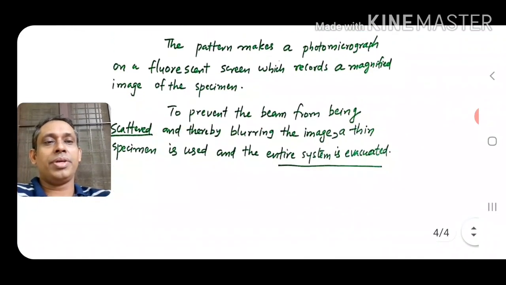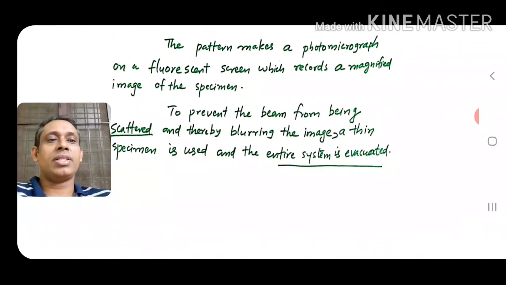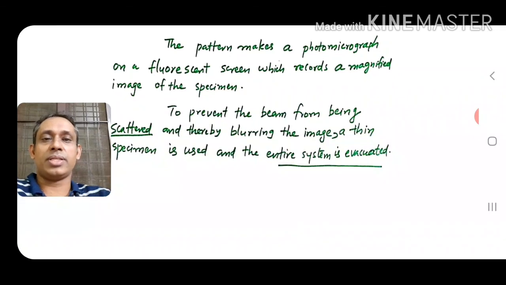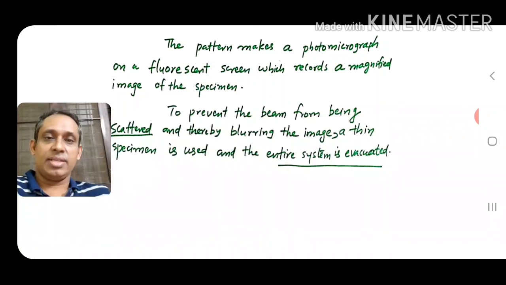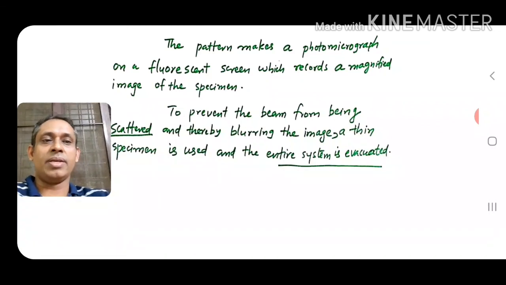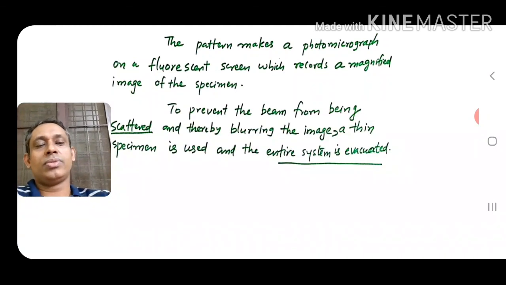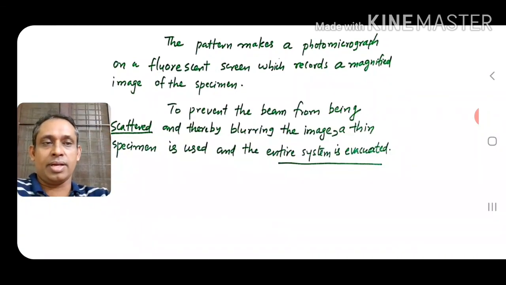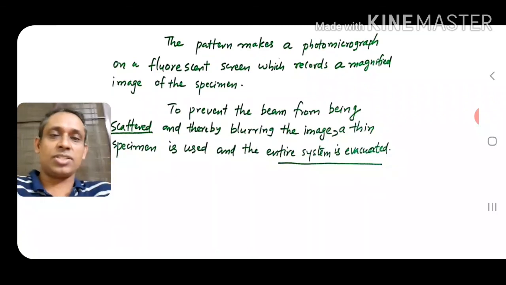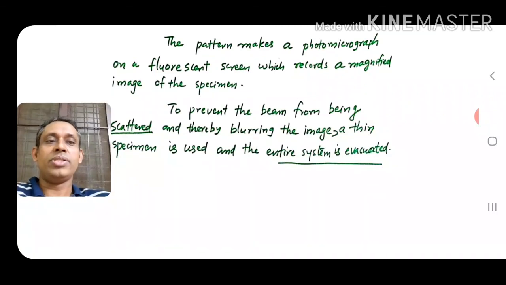To prevent the beam from being scattered, a thin specimen is used and the entire system is evacuated. Actually, with the electron beam passing through the different coils, everything is evacuated so that we can avoid the scattering of electrons by air particles. So this is how an electron microscope, or rather a transmission electron microscope, works.